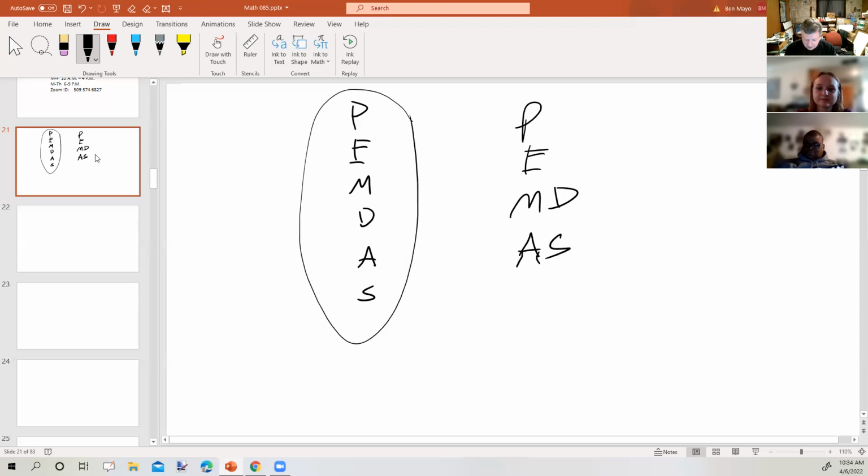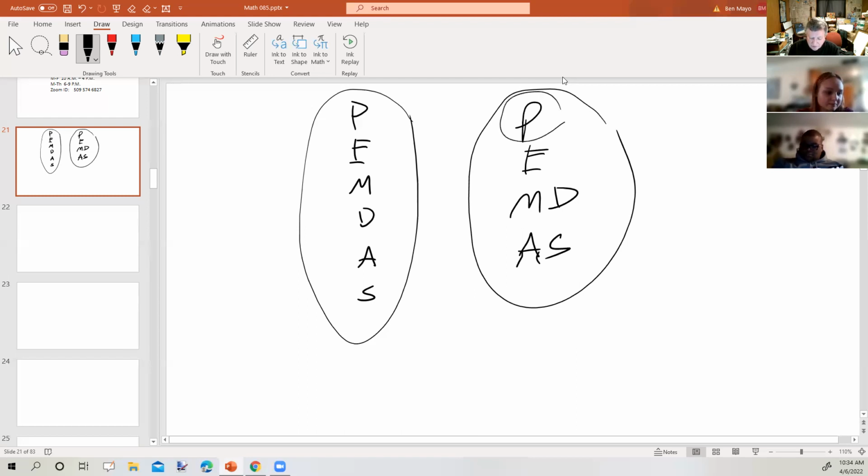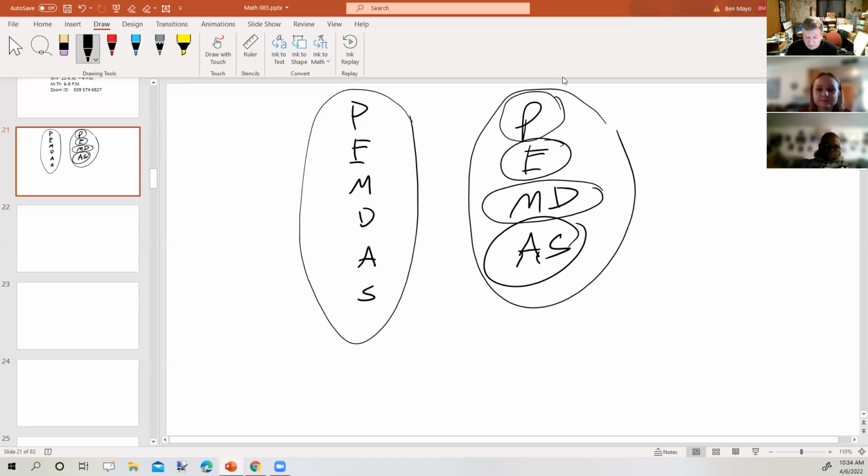What's the difference? This is the correct way. What it says is this is the order of operations that you do when simplifying an expression. You do parentheses first, which could also include other grouping symbols, brackets, absolute value bars, but basically grouping symbols, then exponents, then multiplication or division, whichever comes first from left to right, and then addition or subtraction, whichever comes first from left to right.